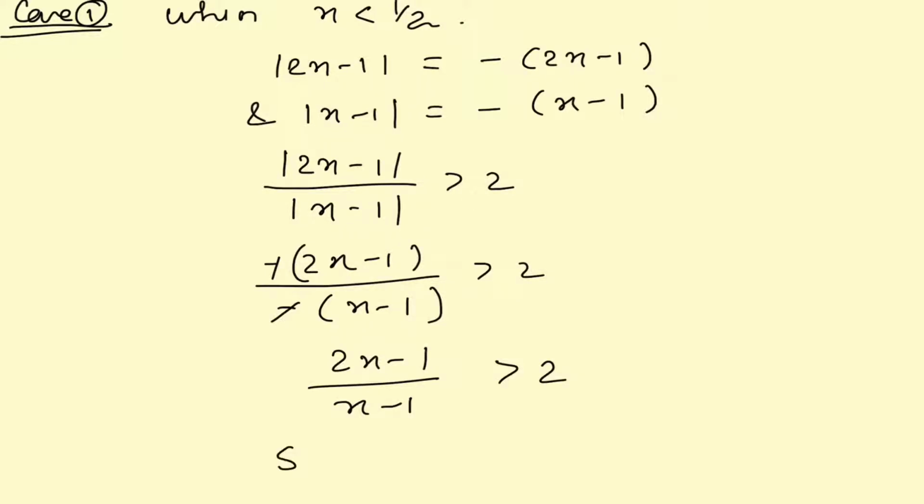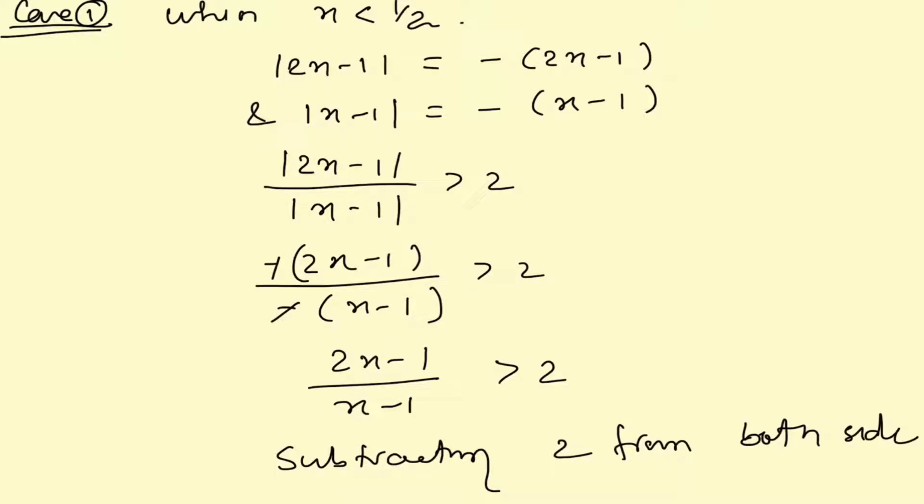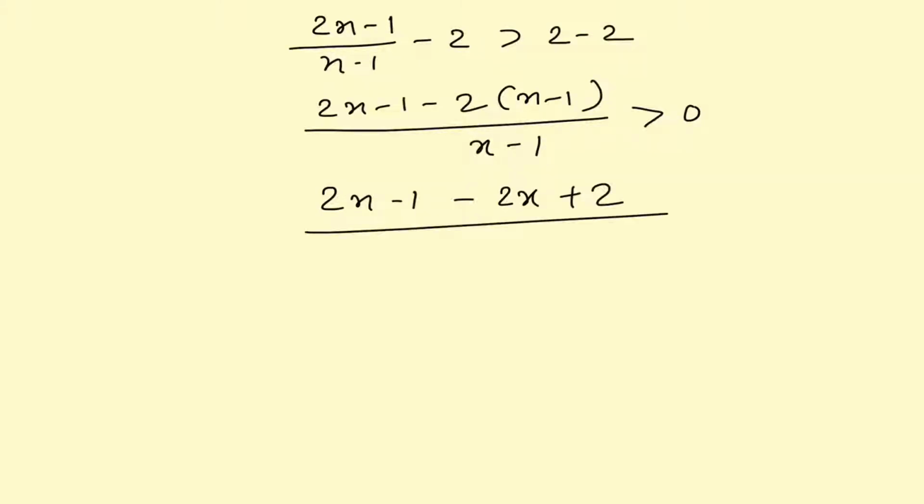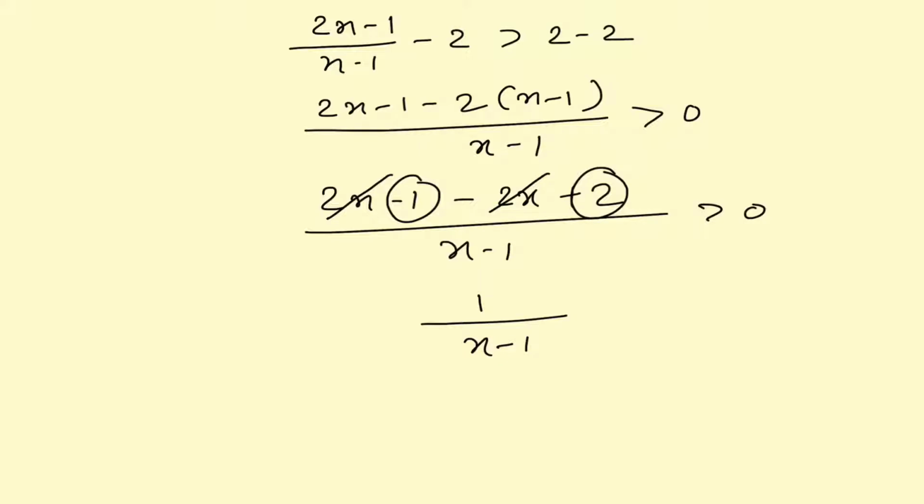Now we subtract 2 from both sides: (2x − 1) / (x − 1) − 2 > 2 − 2, that is (2x − 1 − 2(x − 1)) / (x − 1) > 0. So (2x − 1 − 2x + 2) / (x − 1) > 0. The 2x and −2x cancel out, and 2 − 1 gives 1, so 1 / (x − 1) > 0.